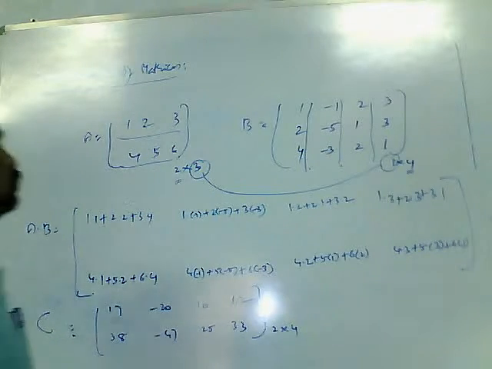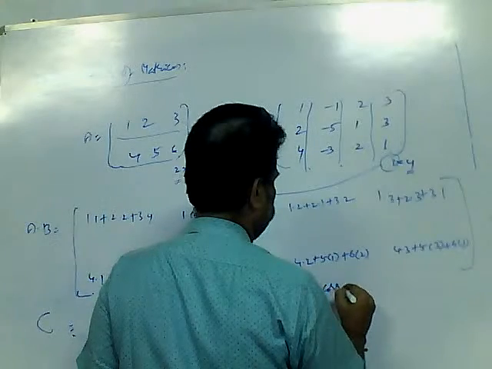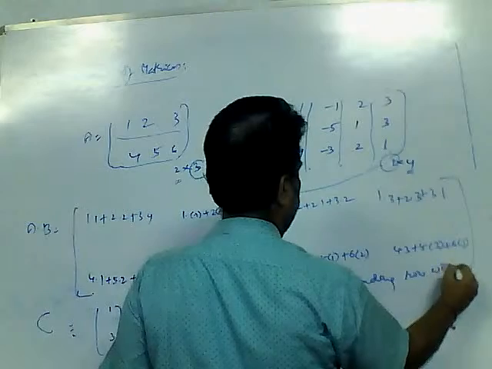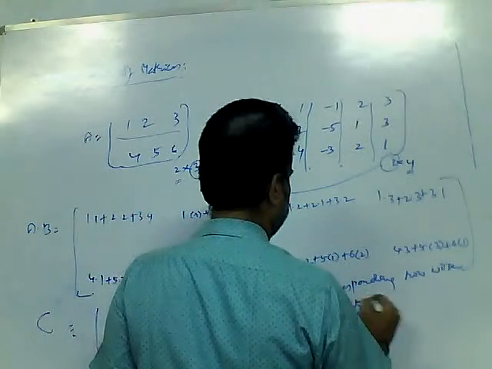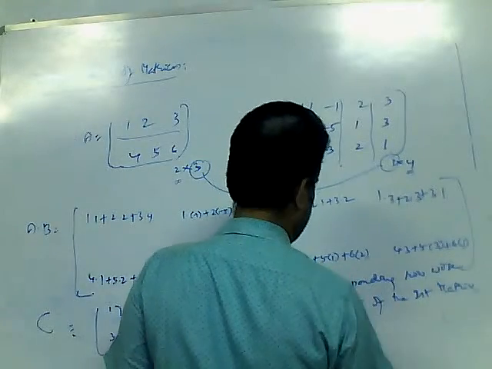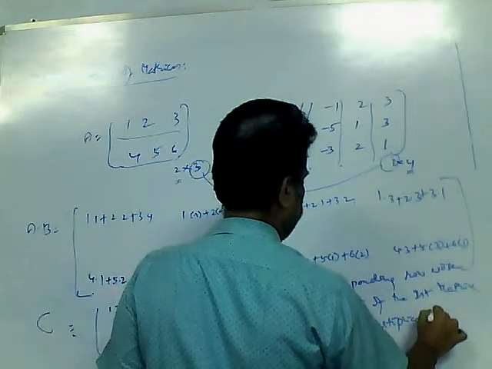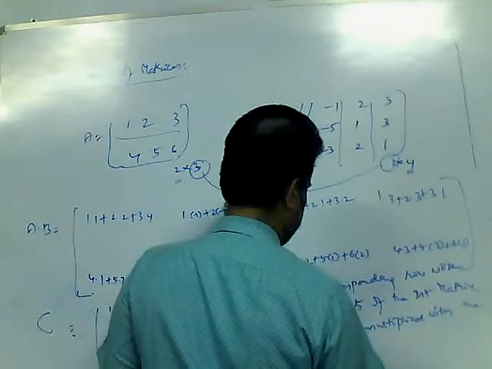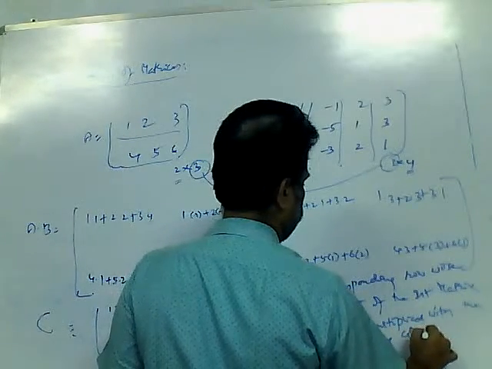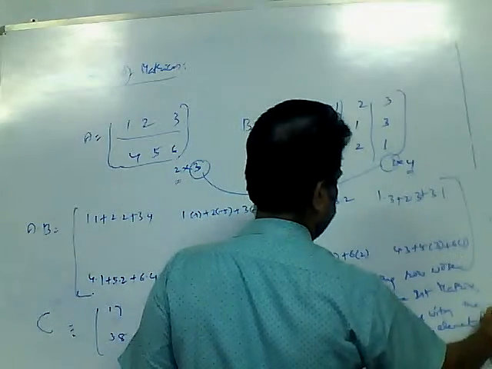So corresponding row-wise elements of the first matrix can be multiplied with the corresponding column elements of the second matrix.